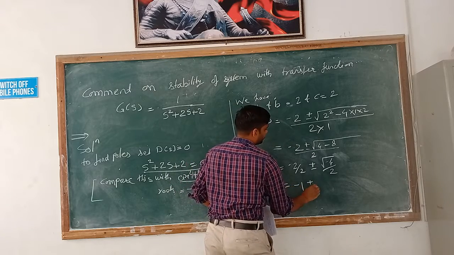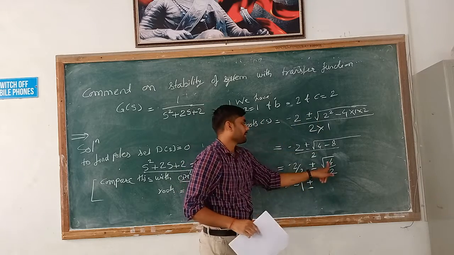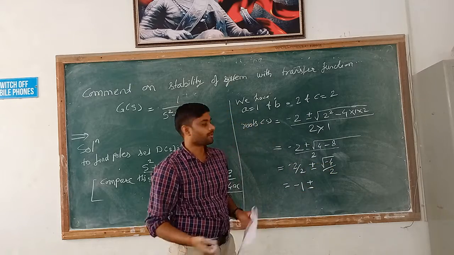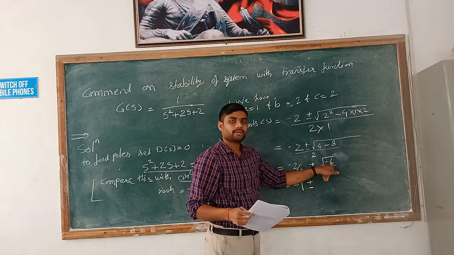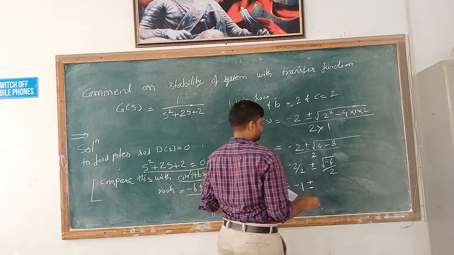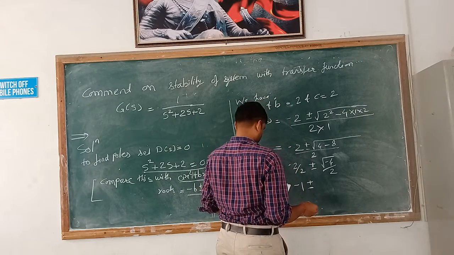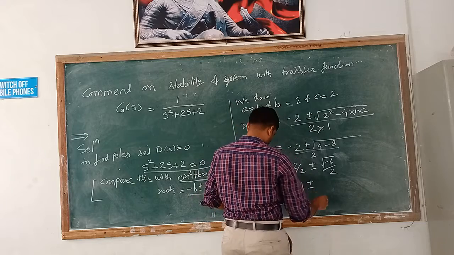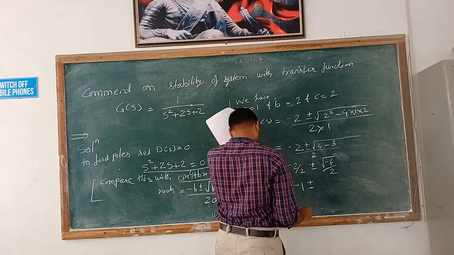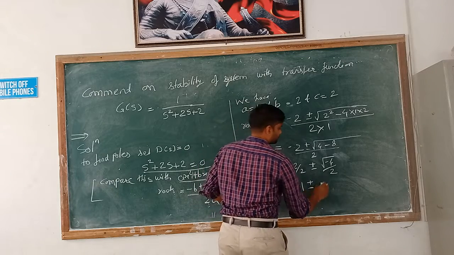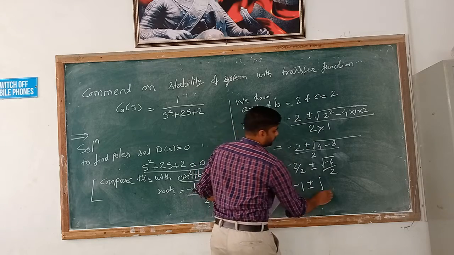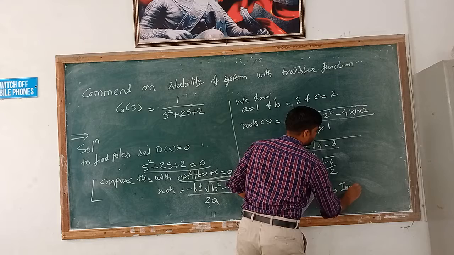Minus 1 plus minus. Here listen to me. Here this under root of negative value cannot be found out. So it comes as an imaginary value here. We consider it as j, which is imaginary.